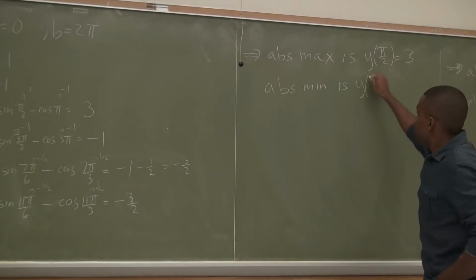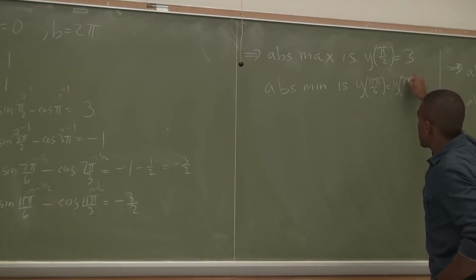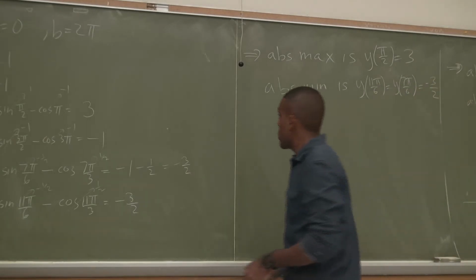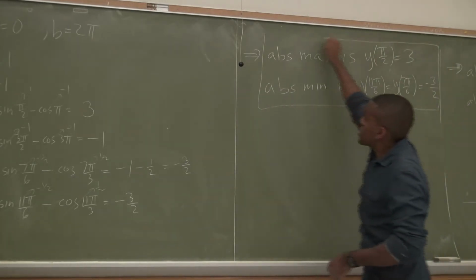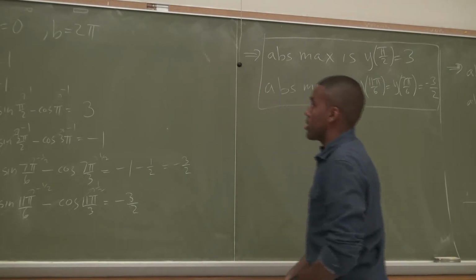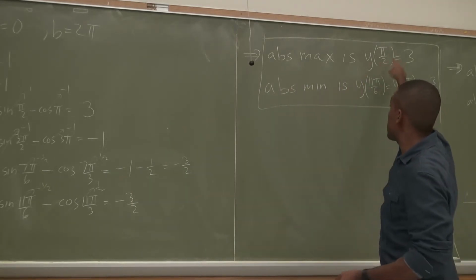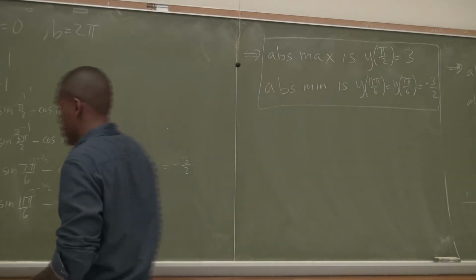Right, y of 11 pi over 6, which is the same as y of 7 pi over 6, equals minus 3/2. That would be the answer for this one. If you graph this function, you realize at these points is where you have the highest value and the lowest value. So we know this guy has 2 absolute minimums and 1 absolute maximum.